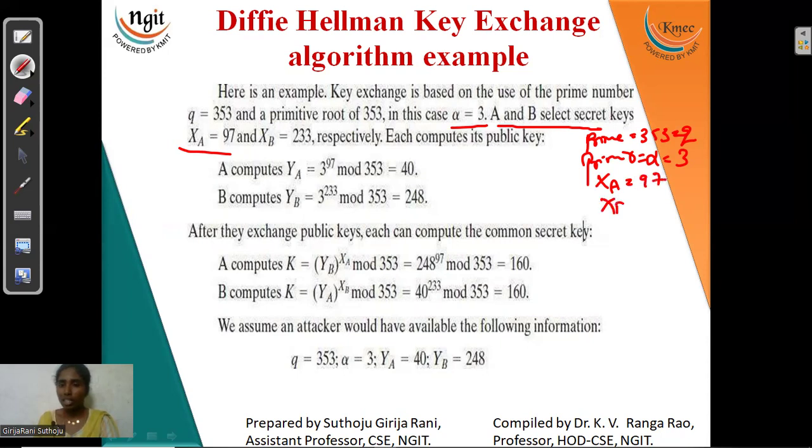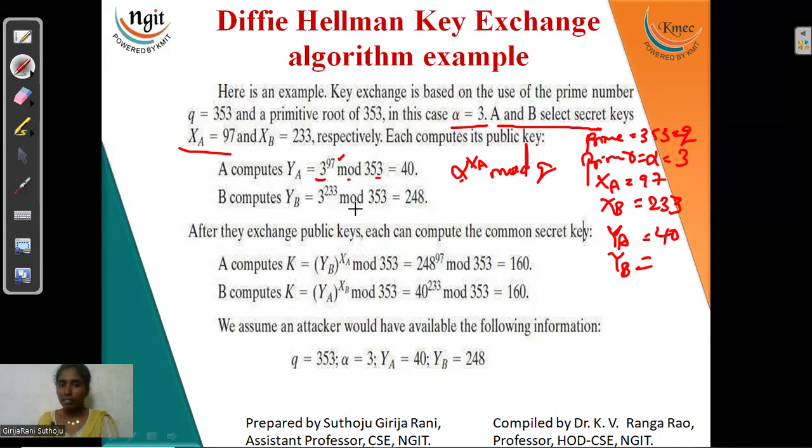We have chosen it; there is no particular rule to select it. We have chosen large numbers. Then we are going to find YA and YB. How to generate YA? That is alpha to the power of XA mod prime number Q, right? So alpha is 3, XA is 97, mod prime number 353. After calculation, my value of YA will be 40. Similarly, YB will be 248, right?